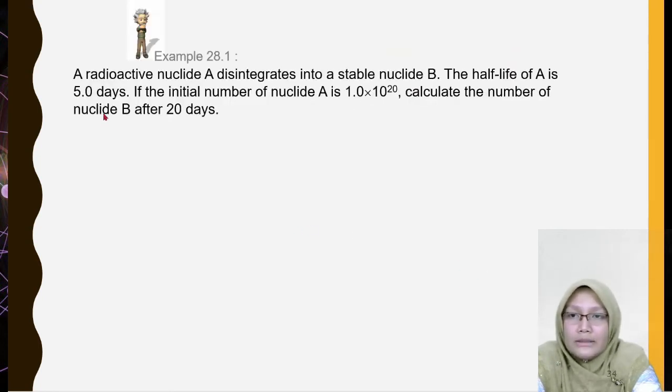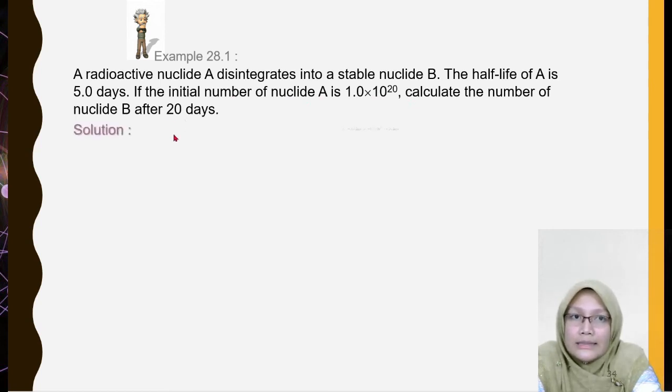Okay, example. Okay, a radioactive nuclide A disintegrate into a stable nuclide B. The half-life of A is 5 days. If the initial number of nuclide A is 1 times 10 power of 20, calculate the number of nuclide B after 20 days.